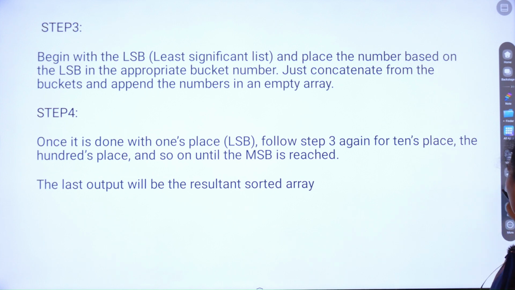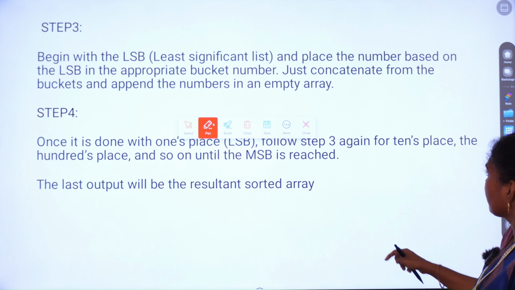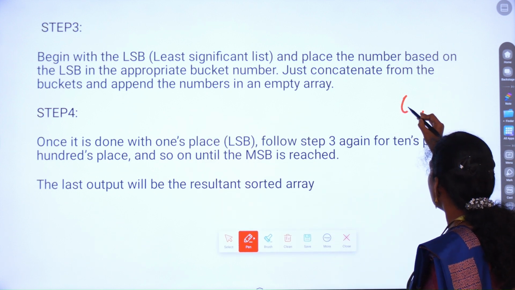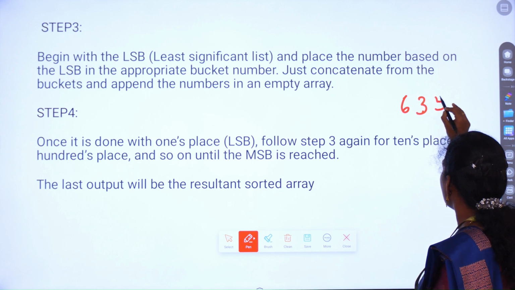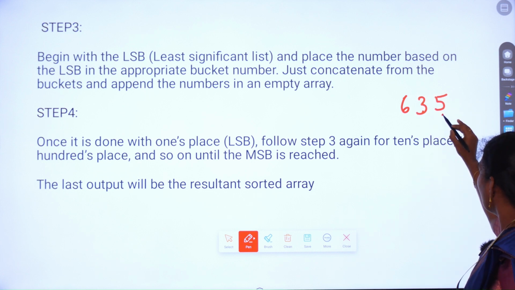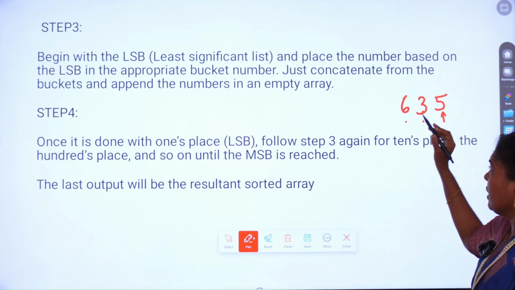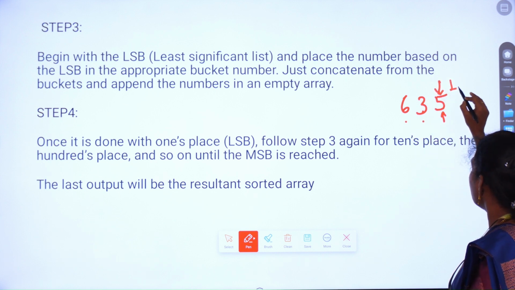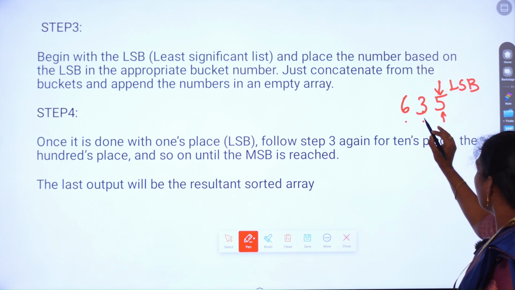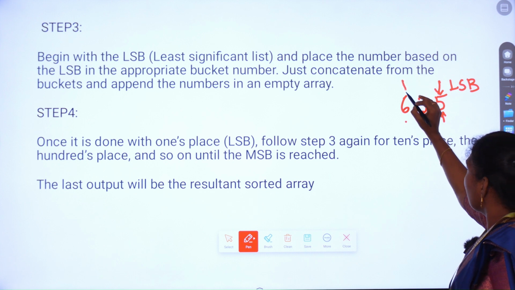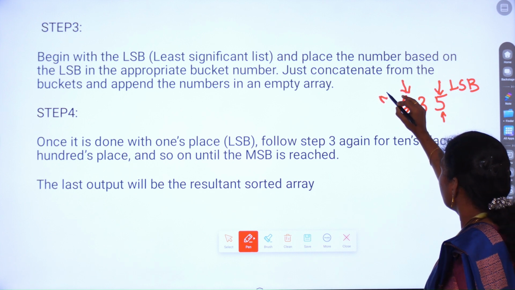Let's see one example. (635). Here, this is the ones place, this is the tens place, this is the hundreds place. This digit is called the least significant bit. This digit is the second least significant bit. This digit is the most significant bit.